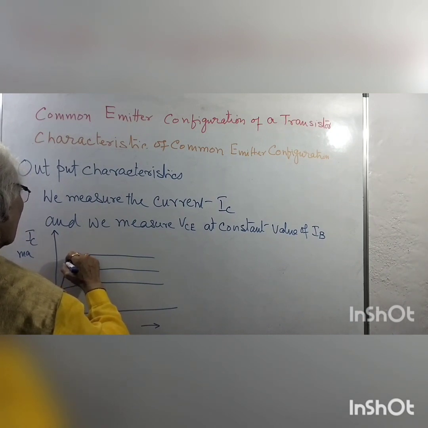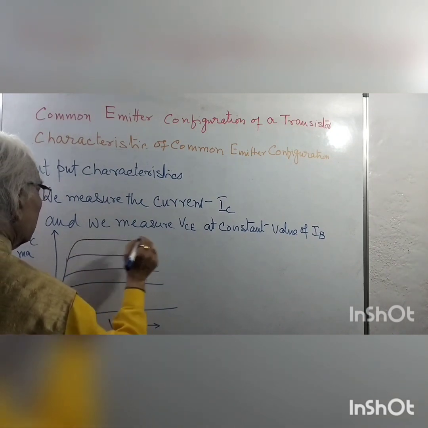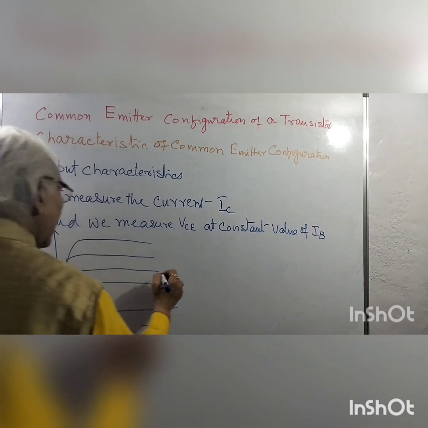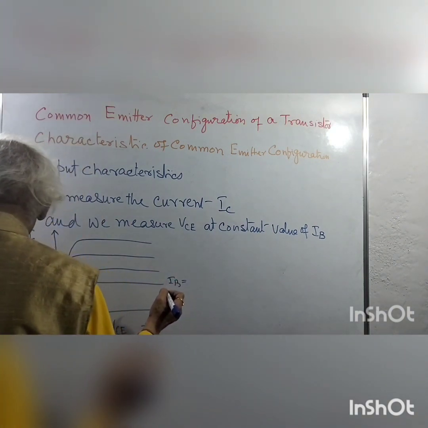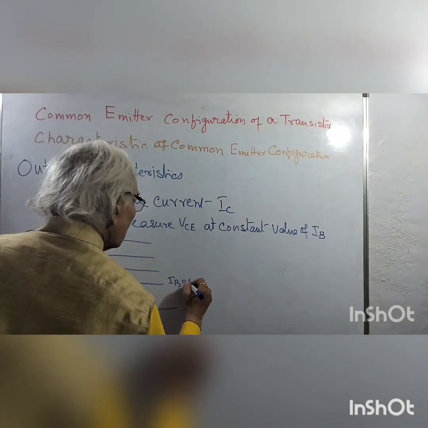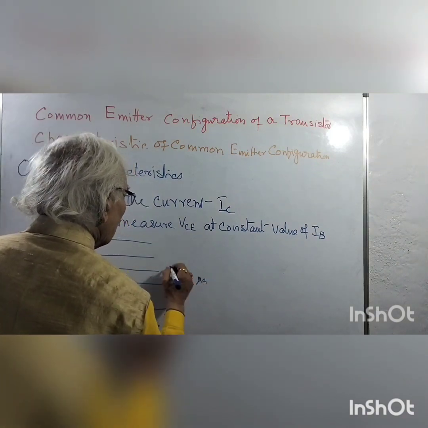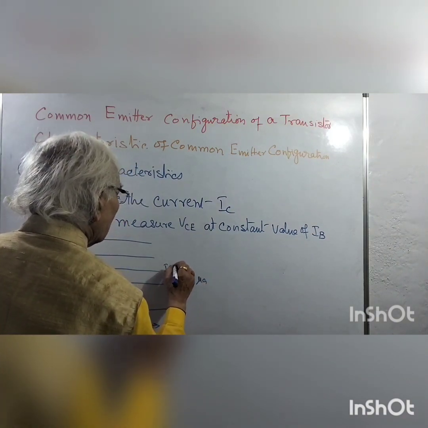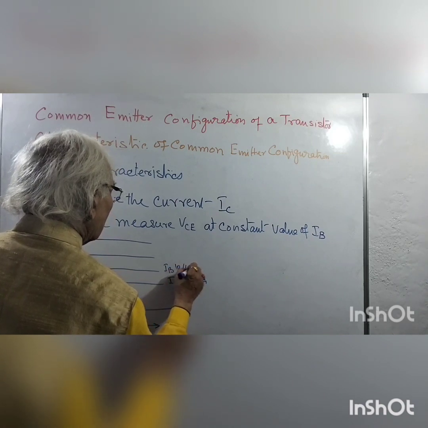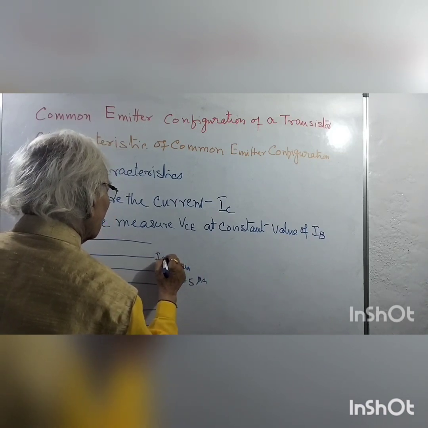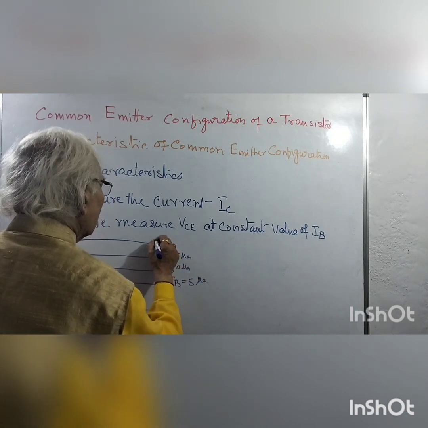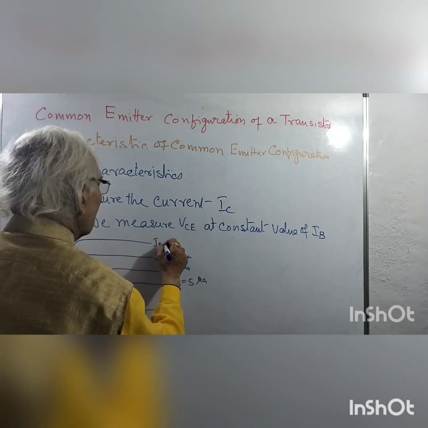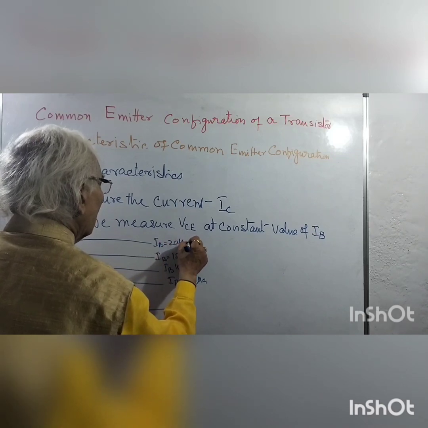So this type of curves we get. IB is a constant current: IB is 5 microampere, IB is 10 microampere, IB is 15 microampere, IB is 20 microampere, and so on.